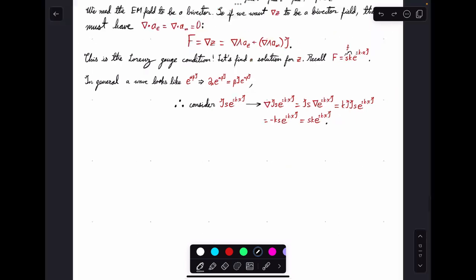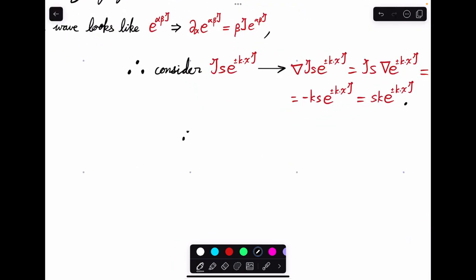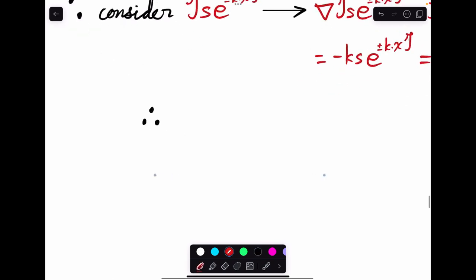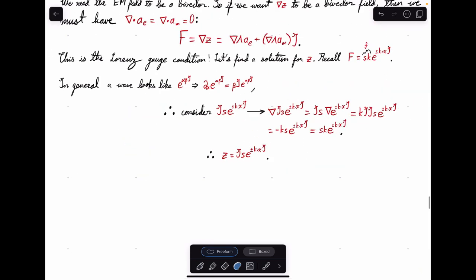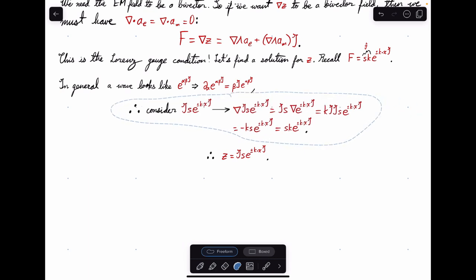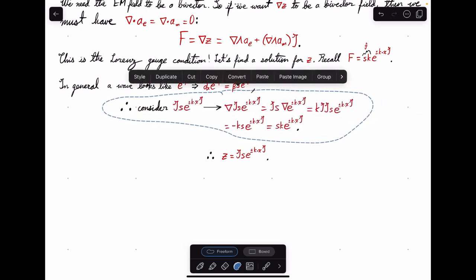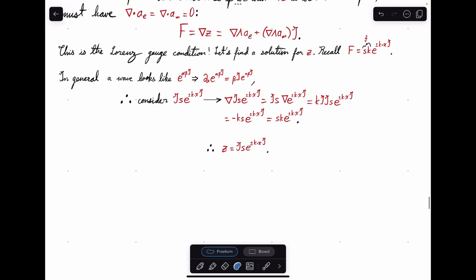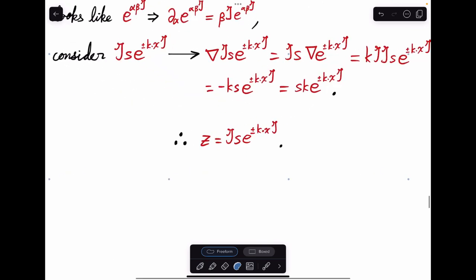So we can say that therefore z is e to the plus or minus k dot x I. So this is what's called a monochromatic solution, because there is one wave vector, and recall that the wave vector describes a color or a frequency.